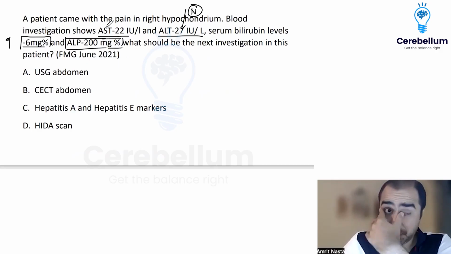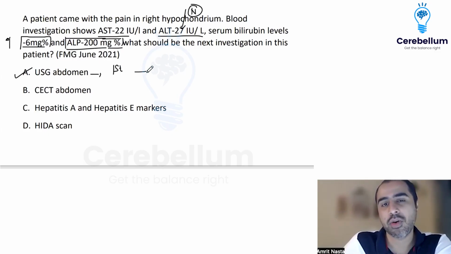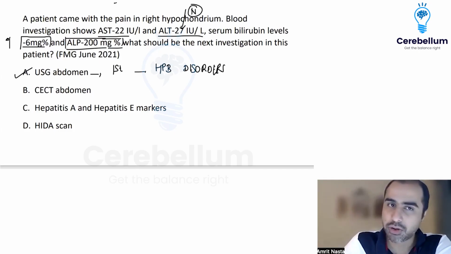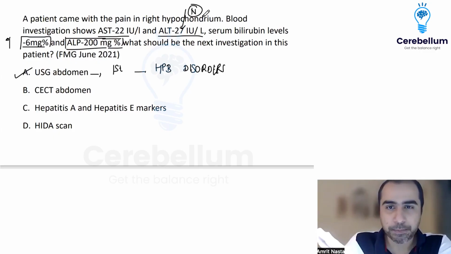What is the next step? Obviously, even if you didn't know what's going on, the first step should be ultrasound. It is the first imaging that I will do in hepatobiliary disorders. Whenever there are hepatobiliary disorders, LFT, USG, that is going to be the pathway.